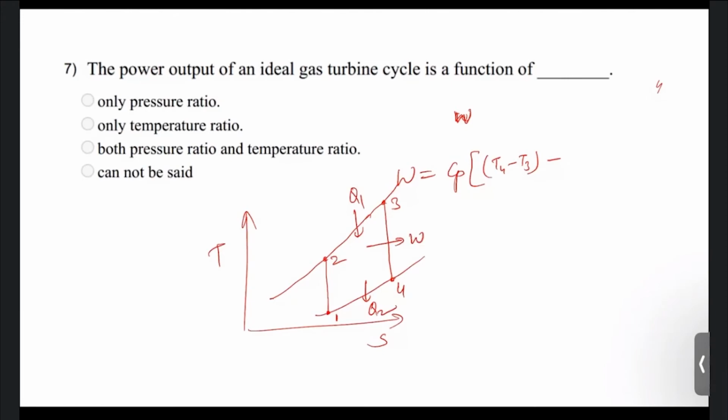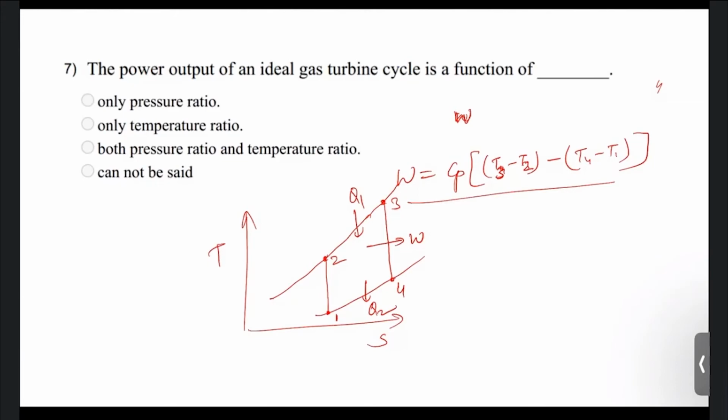Okay, so the work output or power output W is Cp, heat added is Q1, that is T3 minus T2, minus the heat rejected, that is T4 minus T1.